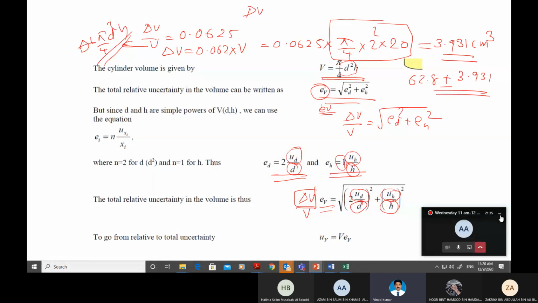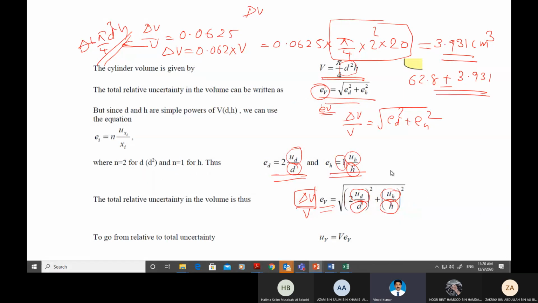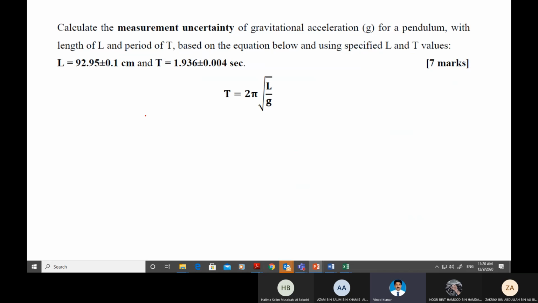Okay. So tomorrow, okay. Now I have given a question here. Can you calculate it? Same thing. Measurement of uncertainty of G. You need to calculate G here. Uncertainty in G means delta G. In order to calculate delta G, you have to take it out of the equation.